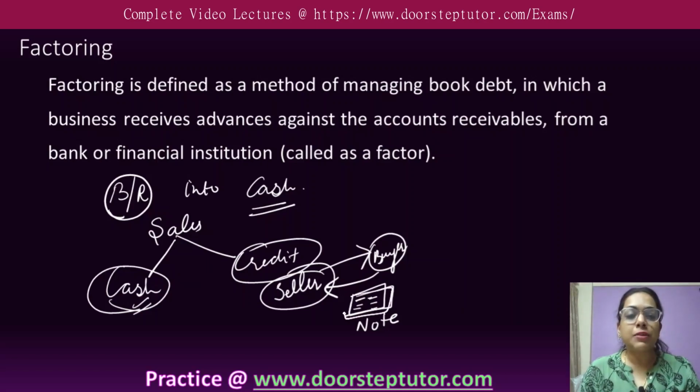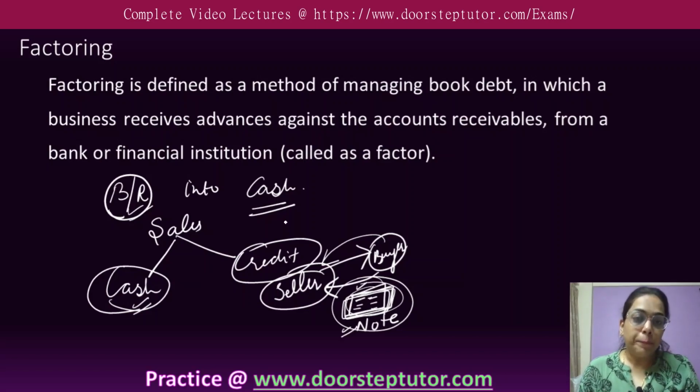Everything is specified in that note, which is also known as the invoice bill: the name of the seller, the name of the buyer, the date and time of purchase, what is purchased and at what time, and after how many days the buyer will pay the sum to the seller. So this is known as the bills receivable note.